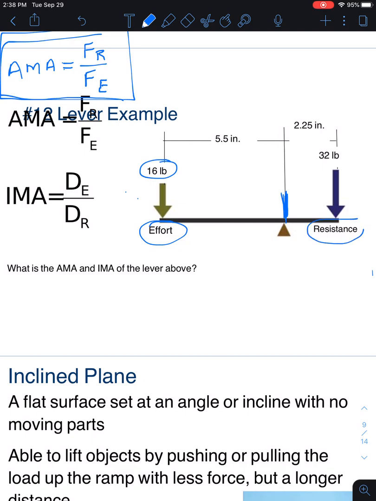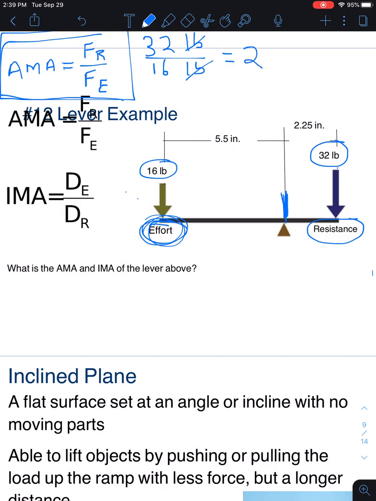Here's your resistance, here's your effort, but it says that your force of resistance is 32 pounds, and that's what's going to go up on the top here. And the force of our effort that it takes to make this rod pivot is 16 pounds. So we divide 32 by 16 and we get an actual mechanical advantage of 2.